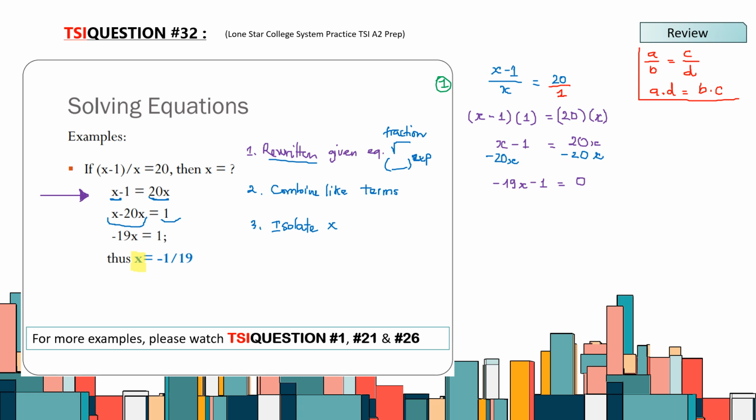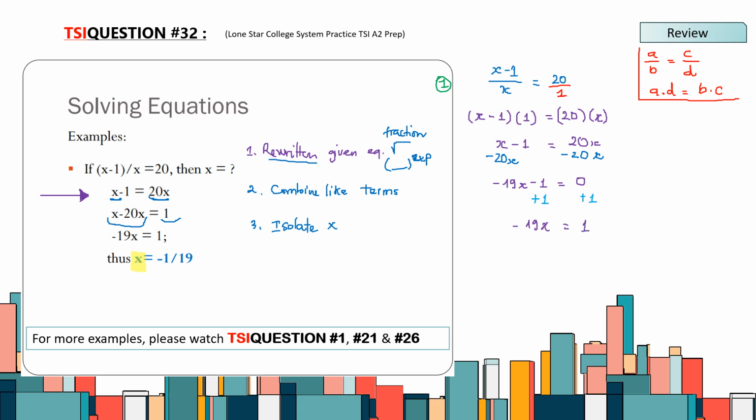Okay, so now we want to isolate x, so we have to move negative 1 to the right hand side. So we add 1 to both sides. After this step, we will have negative 19x equal 1.